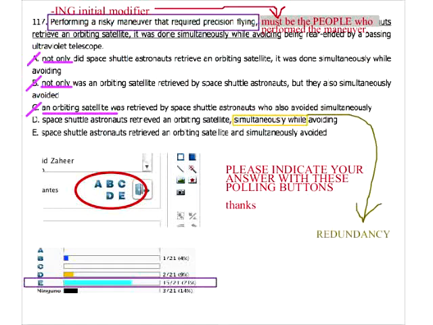For instance, you wouldn't say annual salary per year. You would either say annual salary or salary per year, but you would not say both annual and per year. In this case, it's the same thing: both simultaneously and while are conveying the meaning of simultaneity, and that's not okay.